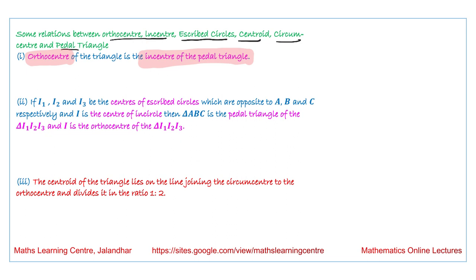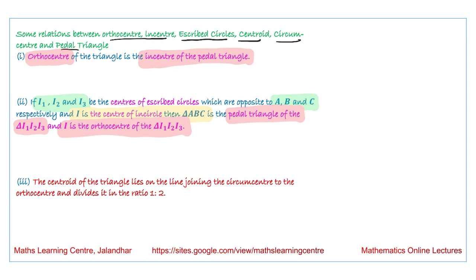The second result we have is, if I1, I2, I3 are the centers of the escribed circles opposite to the vertices A, B, C, and I is the incenter of the triangle ABC, then the pedal triangle of the triangle I1 I2 I3 is ABC, and I is the orthocenter of the triangle I1 I2 I3.